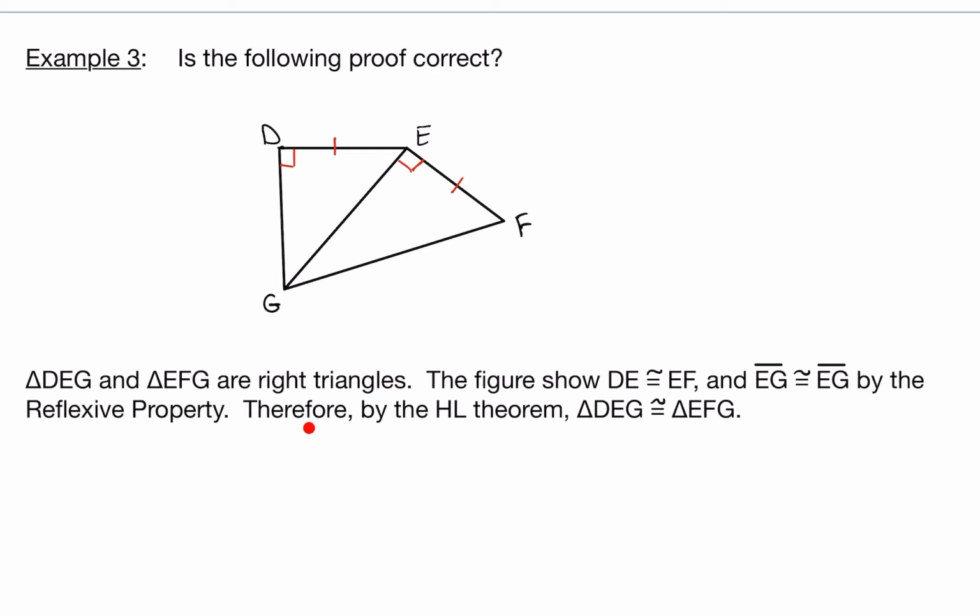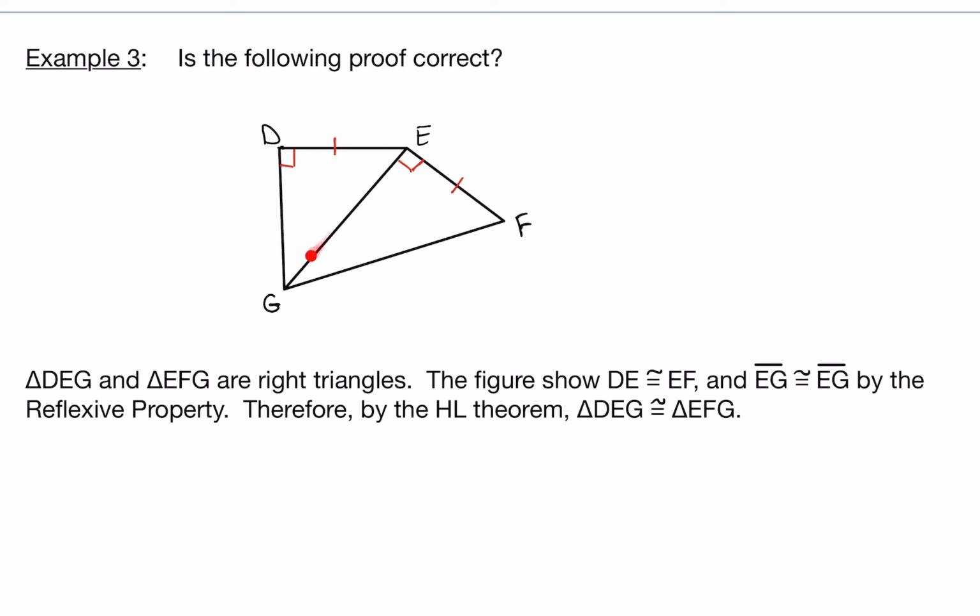And now the conclusion is, therefore, by the hypotenuse leg theorem, triangle DEG is congruent to EFG. Now the question is, was that proof correct? Well, it was mostly correct, except for this last statement here, EG congruent to EG. It's not to say that that's not true.